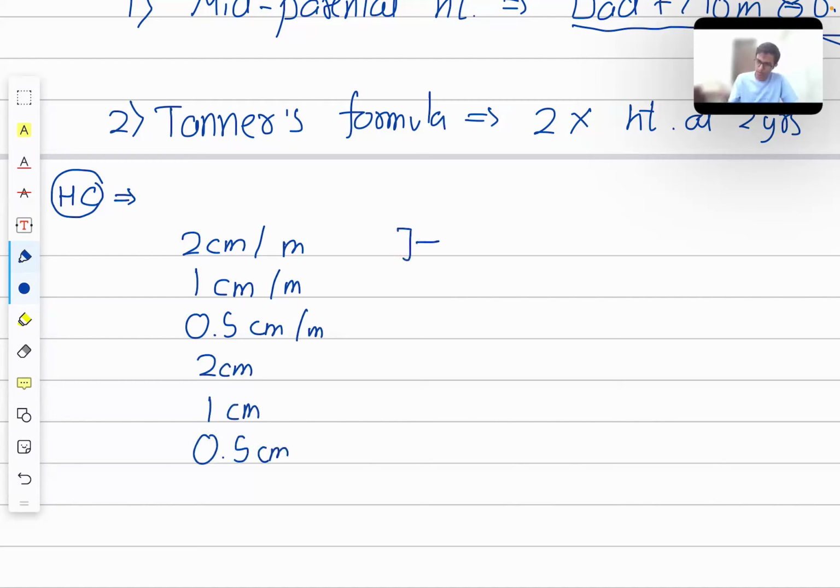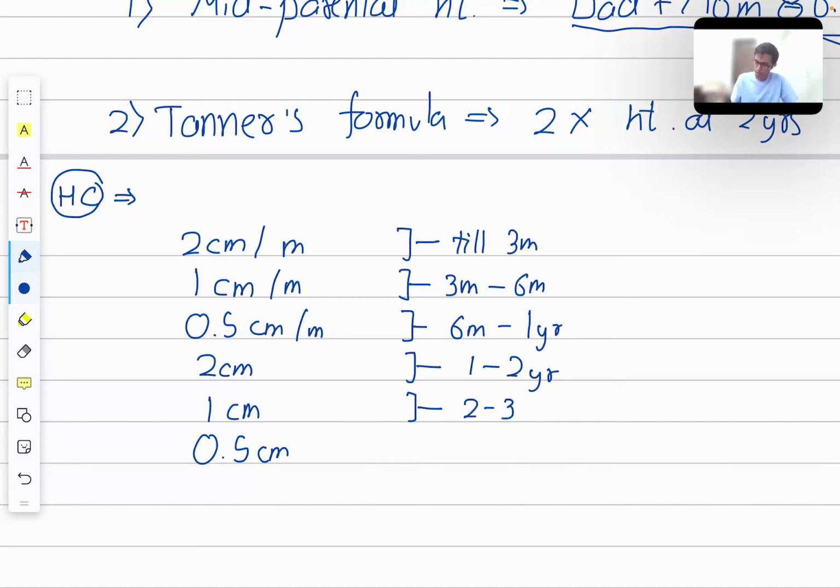This is up till 3 months. This is from 3 months to 6 months. This is 6 months to 1 year. This is 1 to 2 years, 2 to 3 years, and 3 to 4 years. Again, there is an underlying pattern which will help you to remember it easier.